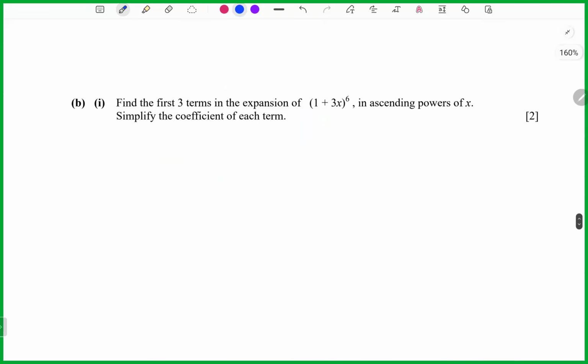Let's see part B 1. Find the first three terms in the expansion of 1 plus 3x to the power 6 in ascending powers of x. Simplify the coefficient of each term.